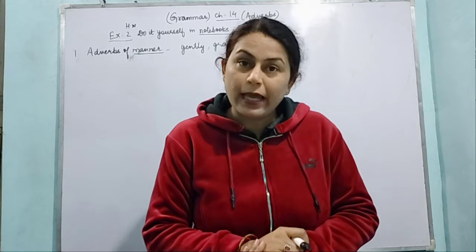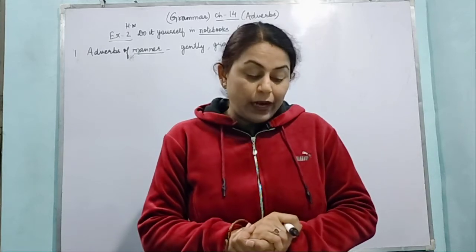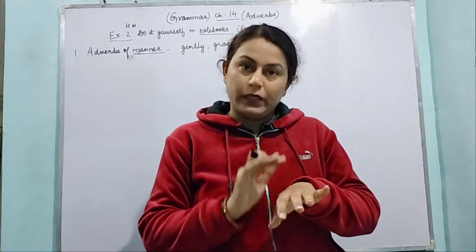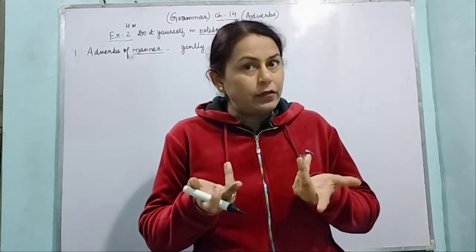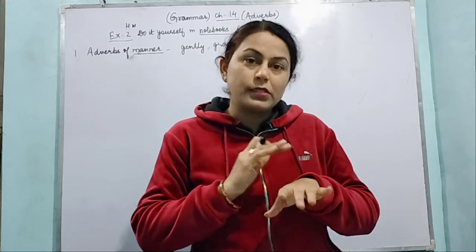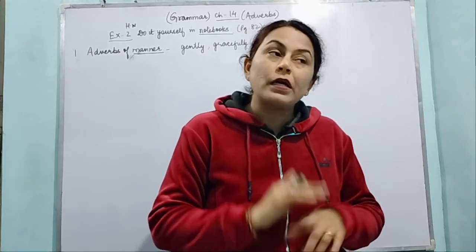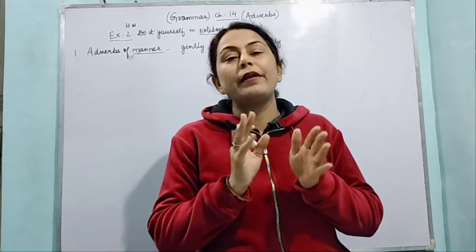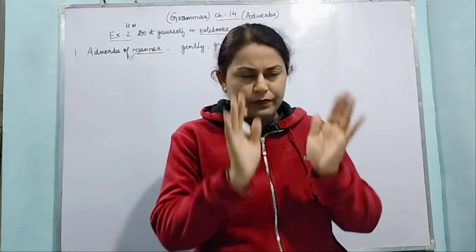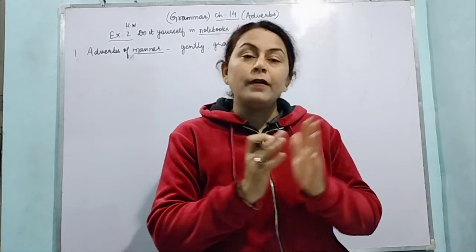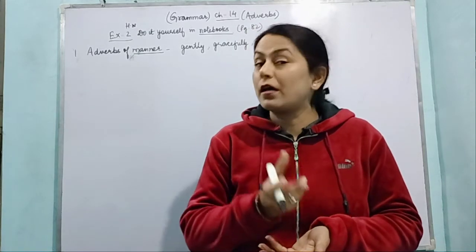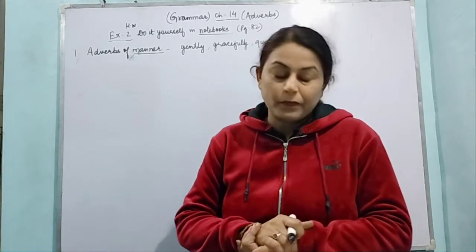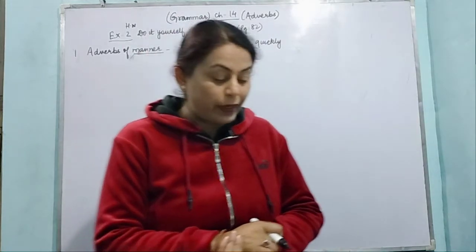She sang gracefully. The nurse applied the medicine softly. How she applied the medicine? Means in what manner the action was done. It tells about the that means if it is telling you the manner in what sense that action has taken place, so that means it is an adverb of manner. Action किस तरह से हुआ है, so it is adverb of manner.